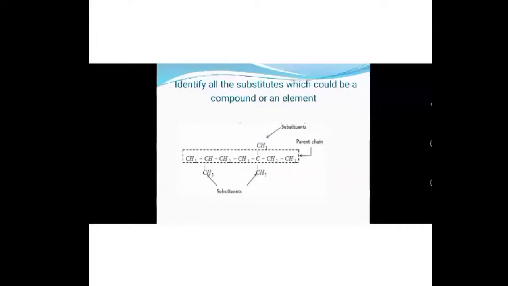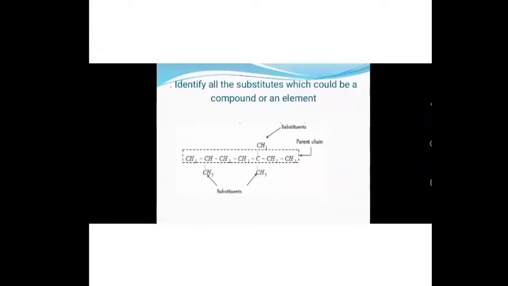Now, for us to name an organic compound, after identifying the parent chain, we have to identify as well the functional group present so that we can know the family of the compound we are about to name. Then finally, we check the substituents. In this case, we have 3 substituents, and all 3 are CH3.